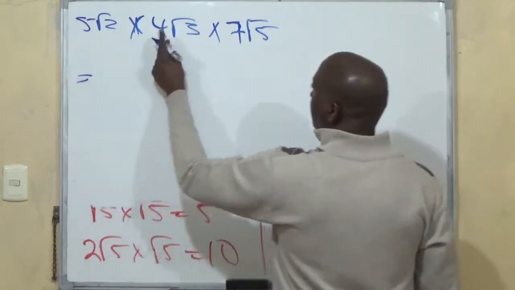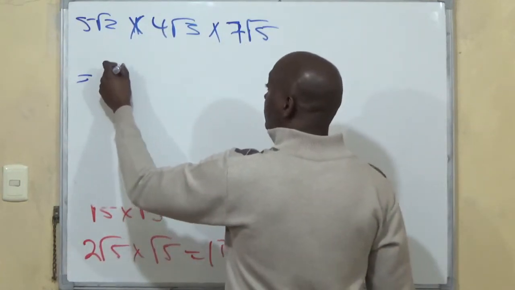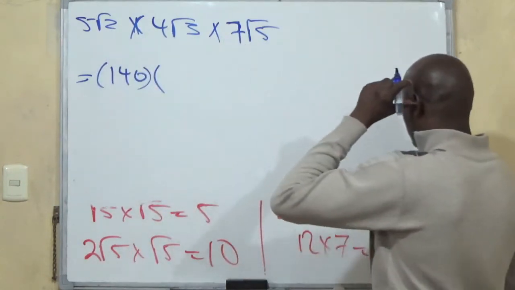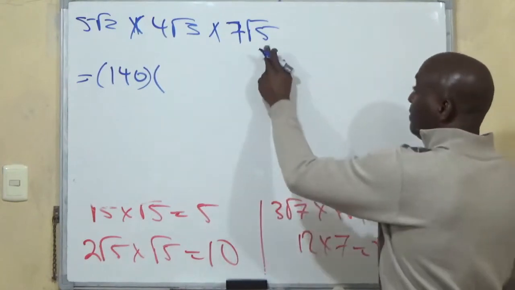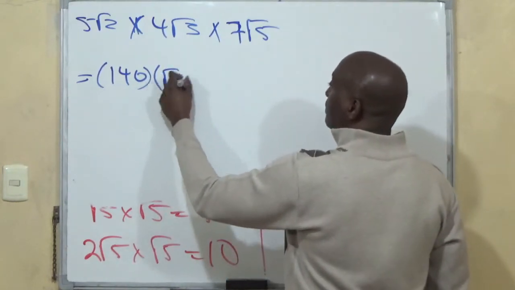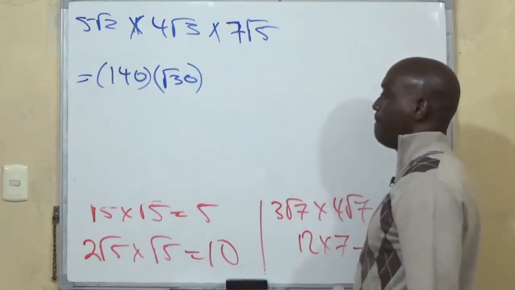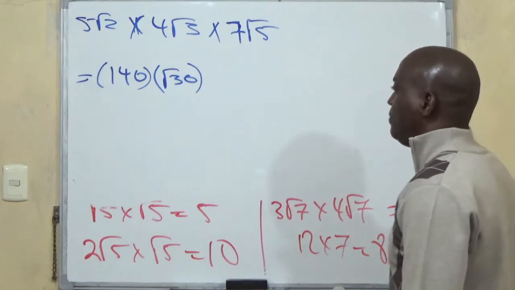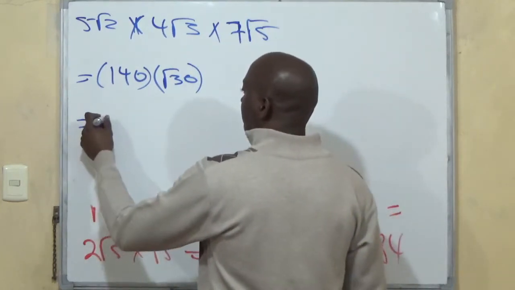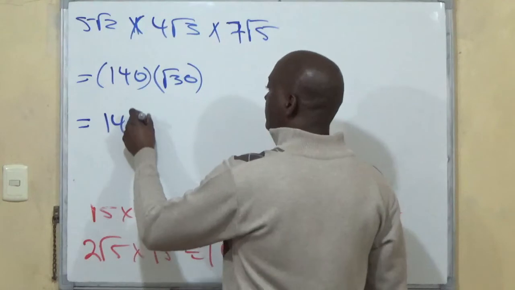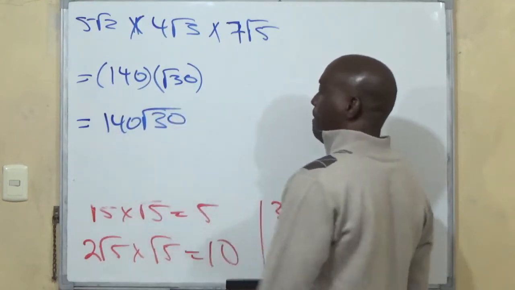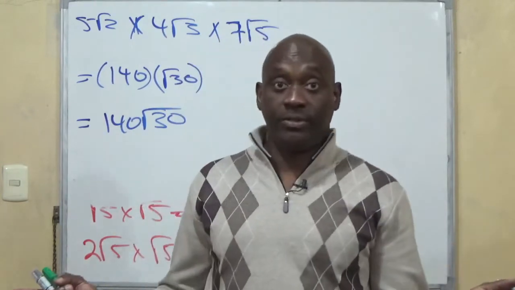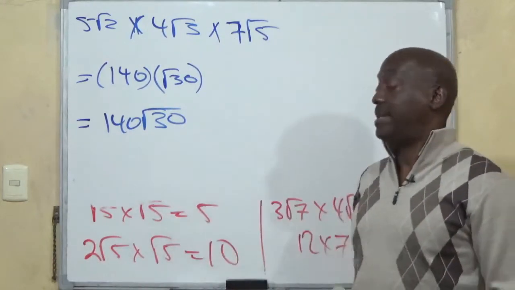That is equal to 5 by 4 is 20, by 7 is 140, multiplied by root 2 by root 3 is root 6. Root 6 by root 5 is root 30. So that will be 140 root 30. I don't think root 30 could get simpler than that. 30 is 5 by 6. That is as simple as I could get.